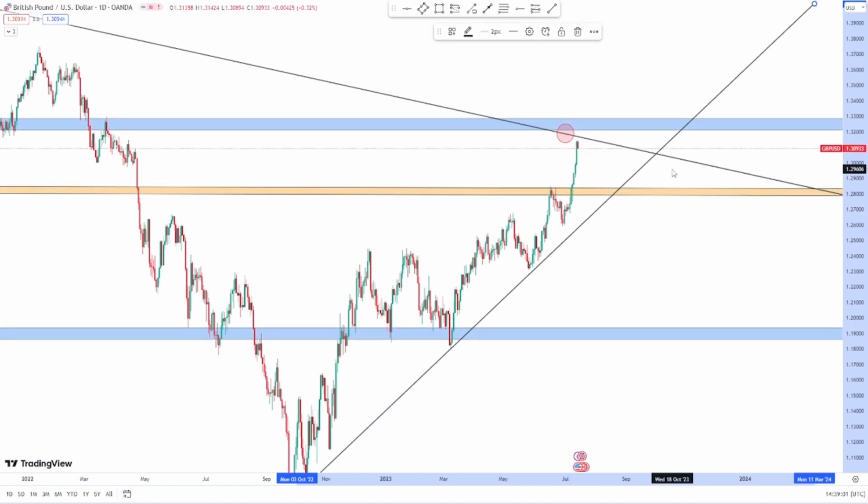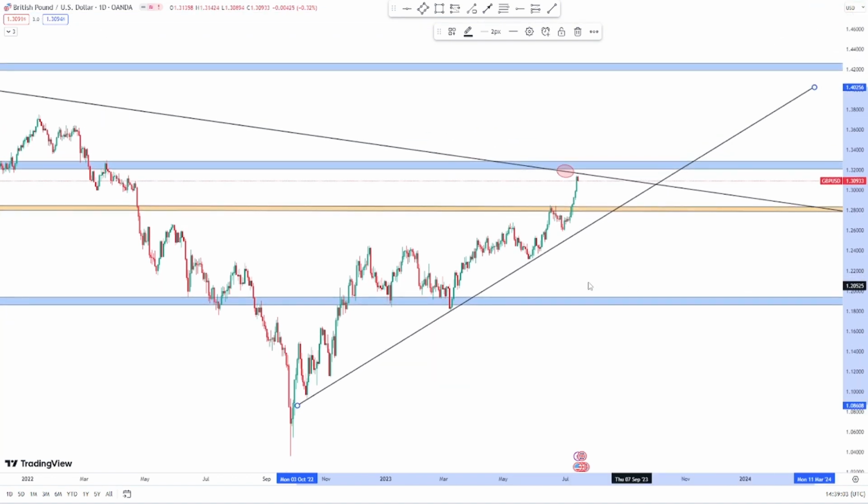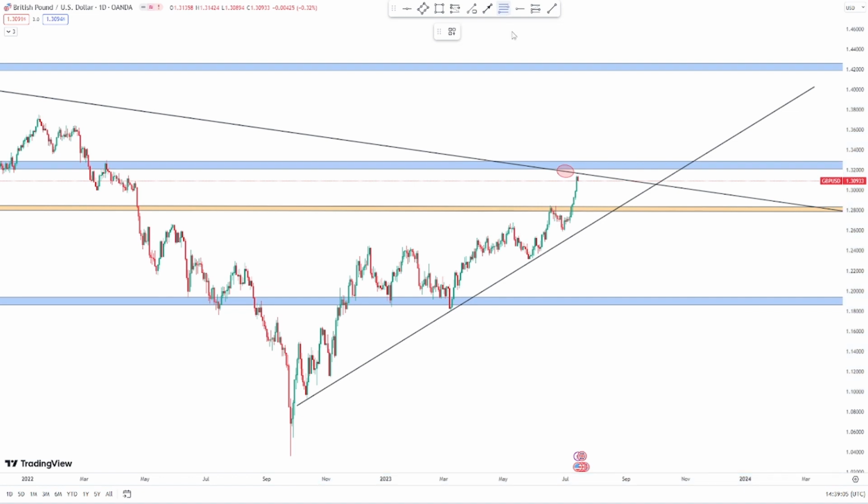So this is what I'll be doing here. I'll pull out my Fibonacci, drag from swing low to swing high, where the bearish candle began, around here.